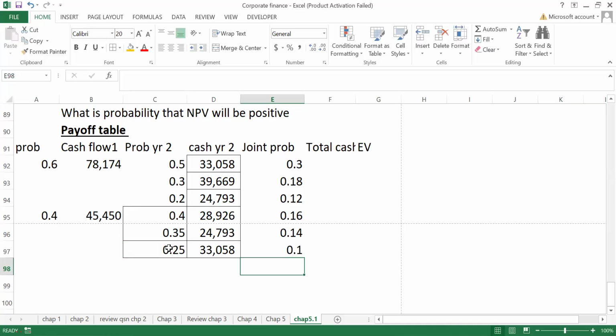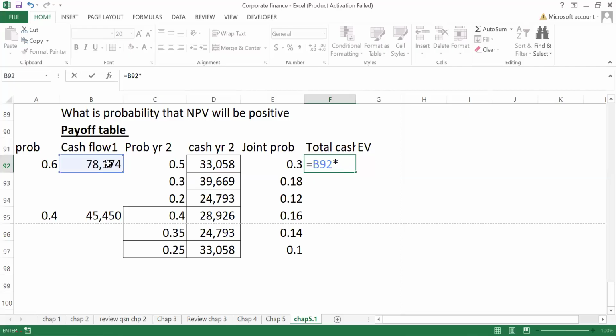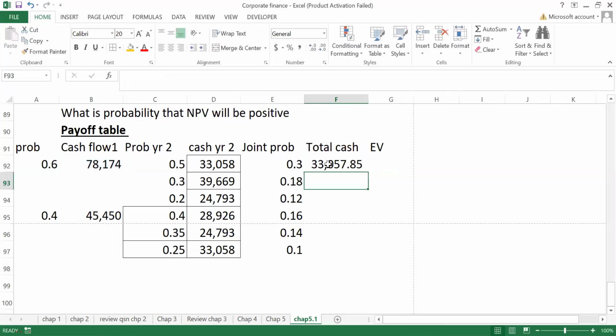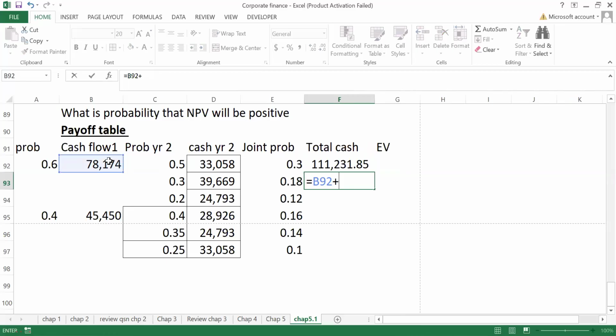Now, what will be the total cash flows? In year 1, we add this plus this, when the probability is good.